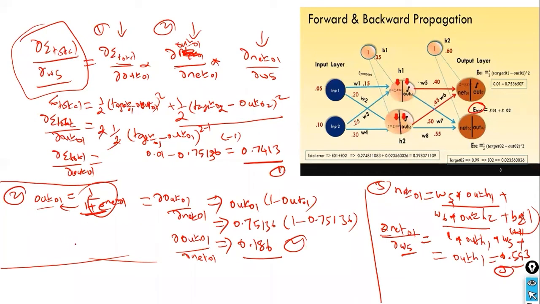When you plug in these values, dou E total by dou W5 is equivalent to 0.7413 into 0.186 into 0.593, and you will get some value, something like 0.082.